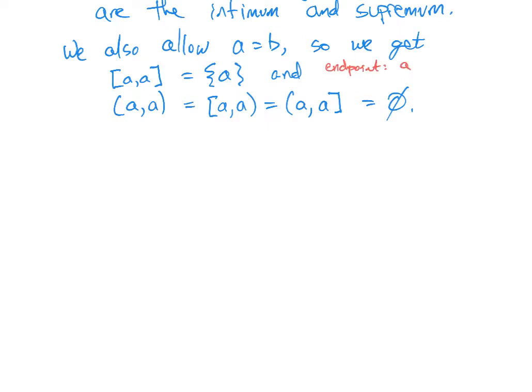It's a. But its length is 0. The empty set has no endpoints. Remember, the empty set doesn't have an infimum or a supremum. And of course, the empty set also has length 0.